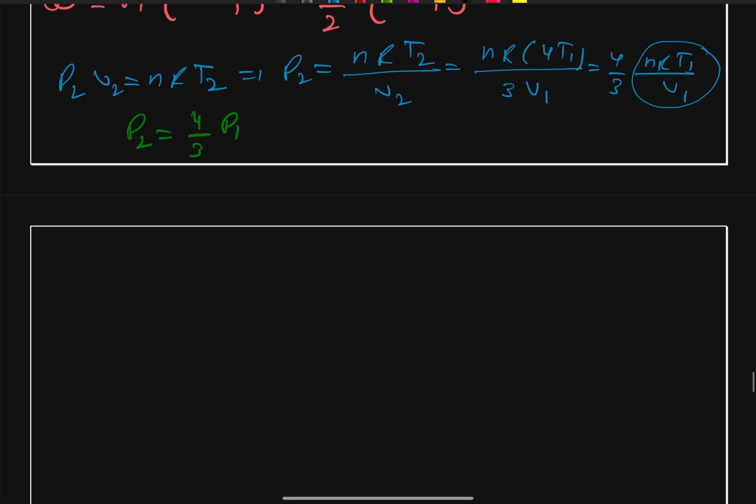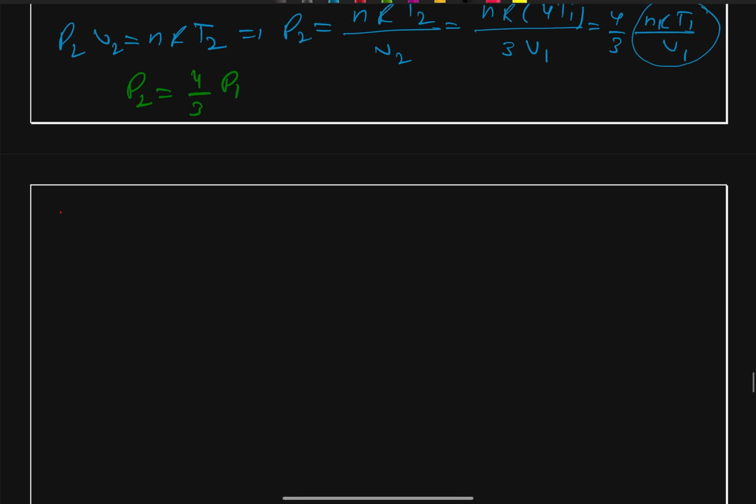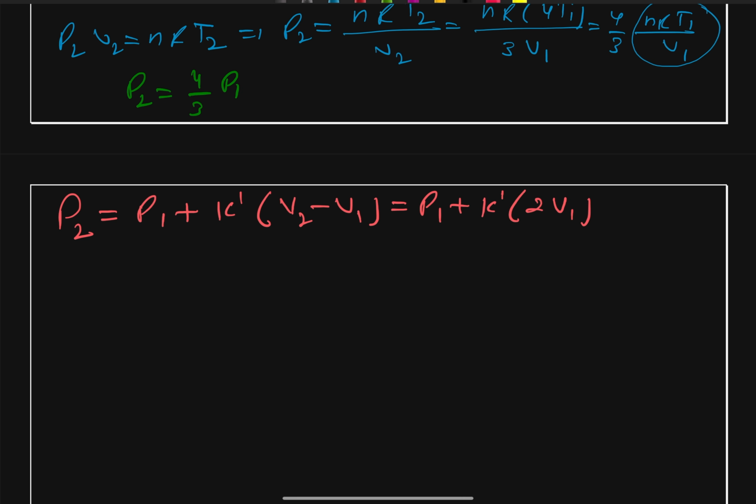Now we come to our standard relationship, that is P2 is equal to P1 plus K prime (V2 minus V1), and V2 is given as 3 times V1, so this comes as P1 plus K prime times 2 times V1.